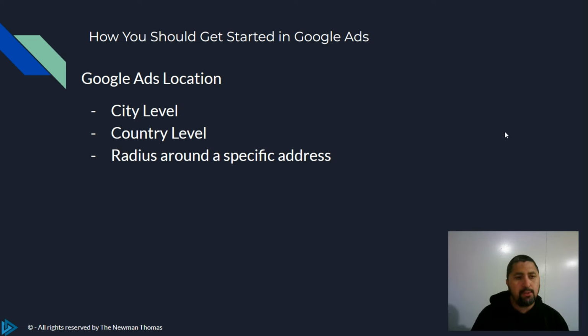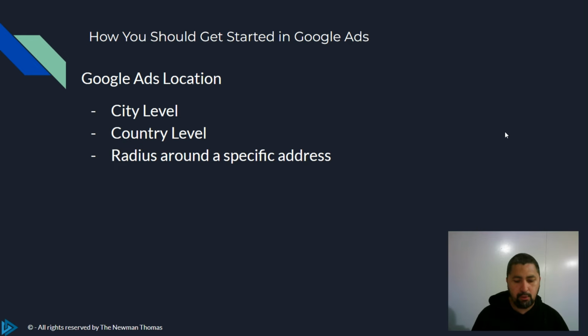When it comes to Google Ads location, similar to Facebook, you'll be able to choose the ads either at a city level, a country level, or you can put a radius around a specific address. If you are doing a plumbing business in Sydney, Australia, you can put a radius of, let's say, 20 kilometers around your address, because for a plumbing job that is 50 kilometers away, the question is, do you want to go all the way there to do that work? It's really up to you.